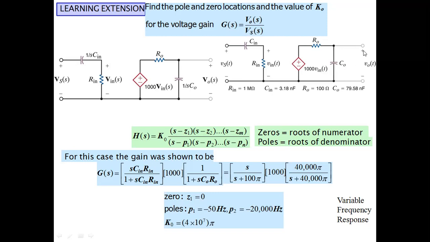So if we are finding the output voltage, that voltage will be across this capacitor. If you solve, you will get H of S equal to S minus Z1, S minus Z2, up to S minus Zm upon S minus P1, S minus P2, up to S minus Pn.